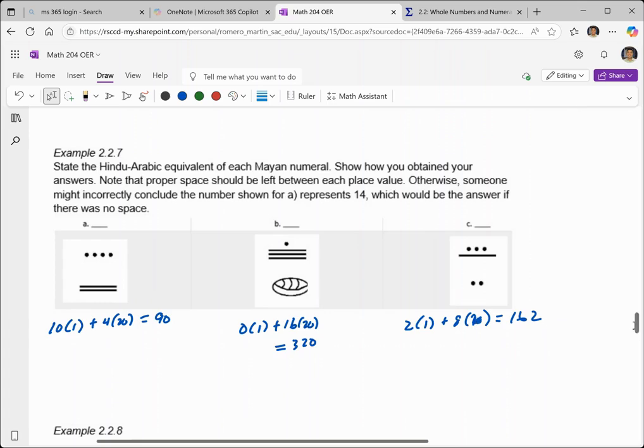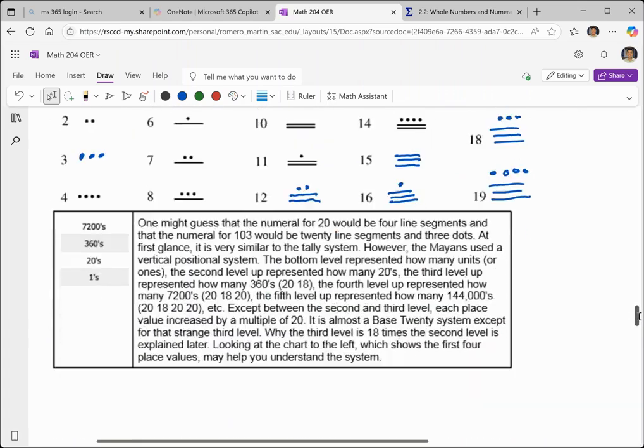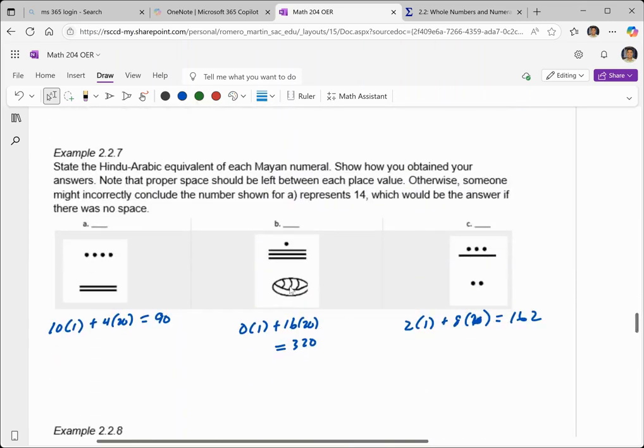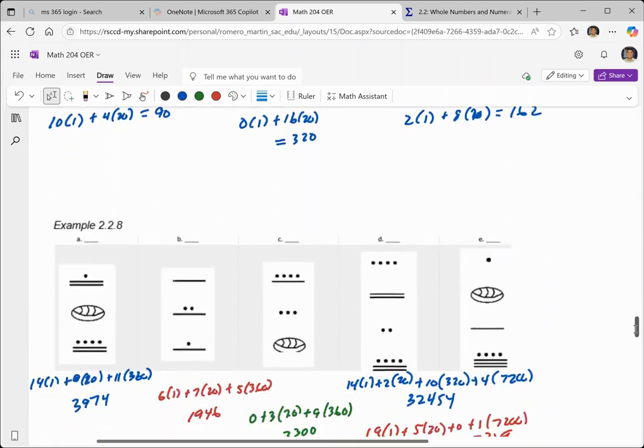And that again comes from the place value system there, the 1s, 20s, 360s. What is this number? 0 groups of 1. That's the first level. This is the second level. This is 5, 10, 15, 16 groups of 20. So that's where you get the 320 from. And you can see 2 and 8. 2 groups of 1 plus 8 groups of 20. The location gives you what it's worth.